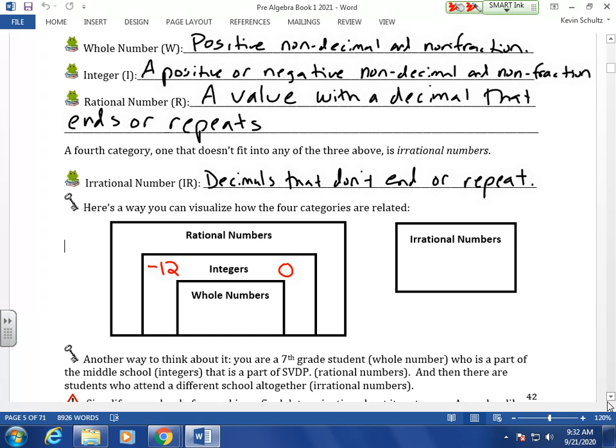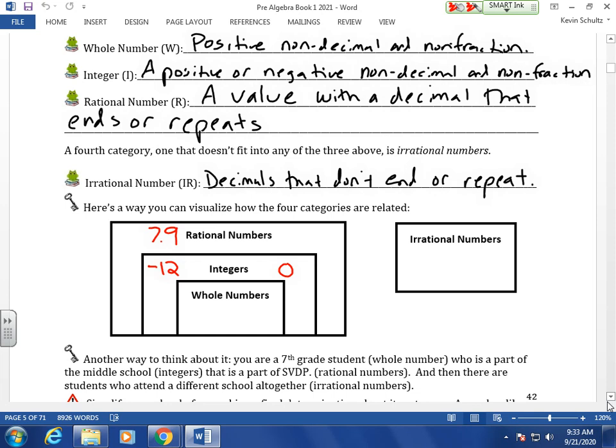No, because it's a decimal. Integers are not decimals. Is 7.9 rational? Yes, because the decimal ends. So 7.9 would go out in this most outer section. It is rational, but it's not part of the integer set. It's not part of the whole set.